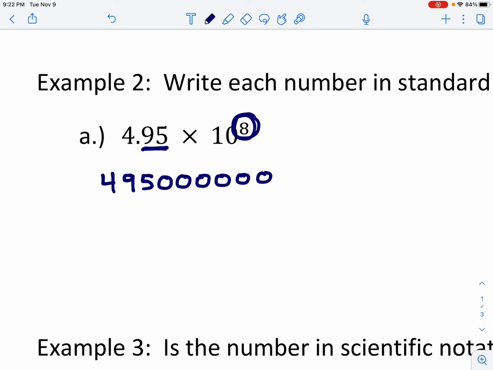So I had to add 6 zeros in order to make that 10 to the 8th power. So now my number is 495,000,000. There are 6 zeros plus the 95. That gives me 8 total numbers.